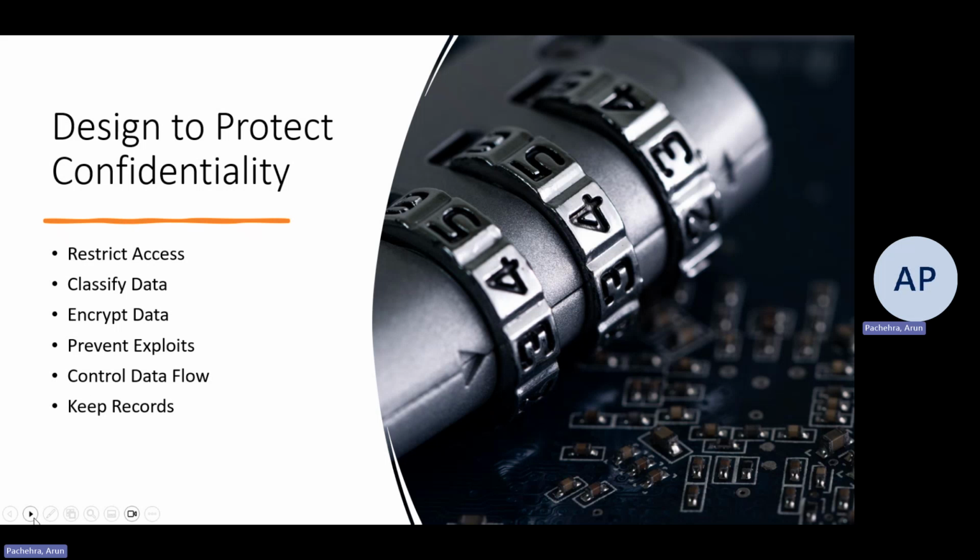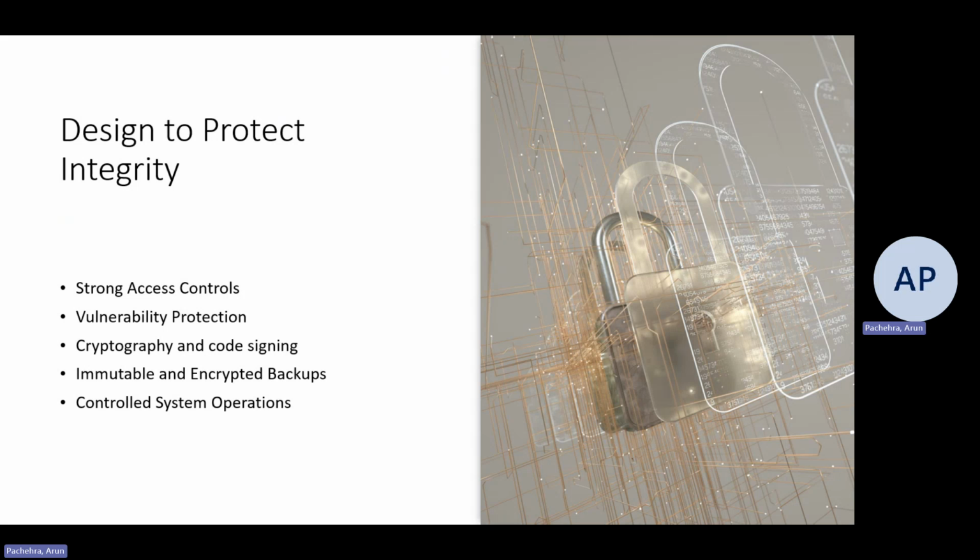Now we need to design to protect the integrity. We need to ensure the system and its data are accurate and protected from unauthorized changes, preventing disruptions in operations and maintaining trust in the system's reliability. So just like the confidentiality, again, somebody can ruin the integrity if they have the access.